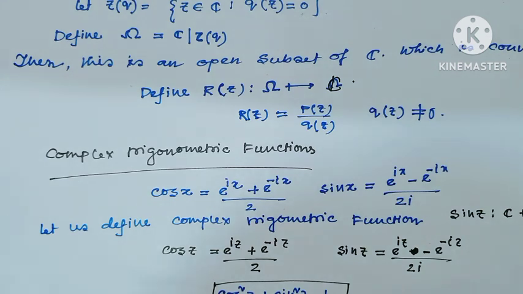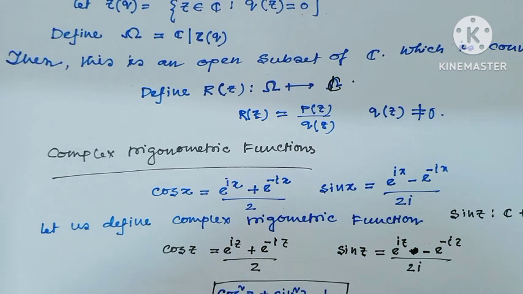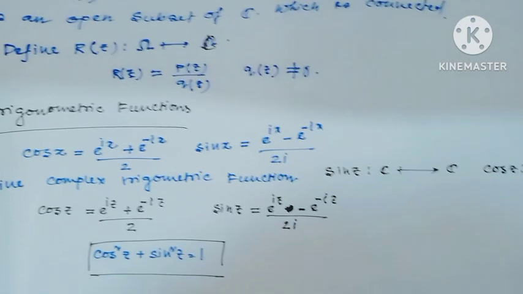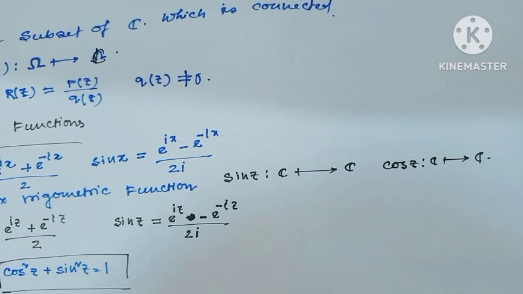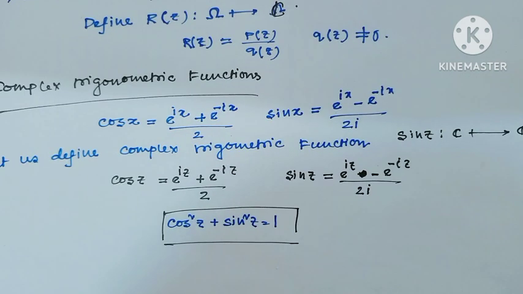Now I will define what is the complex trigonometric function. In real analysis, trigonometric functions mean cos x, sin x, and similarly in complex analysis, this is sin z, cos z, which are defined from complex number to complex number.